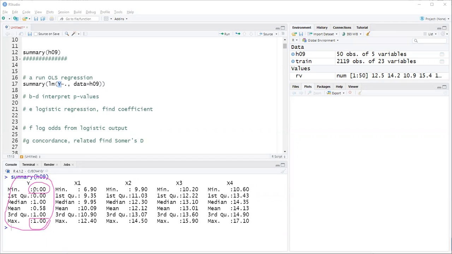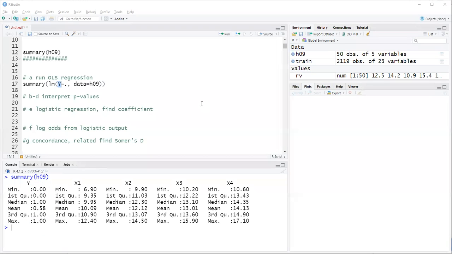That doesn't mean it's a dichotomous variable, but it does happen to be one. We could investigate that further if we liked, or you can check that in any given data set, but this is a dichotomous response.